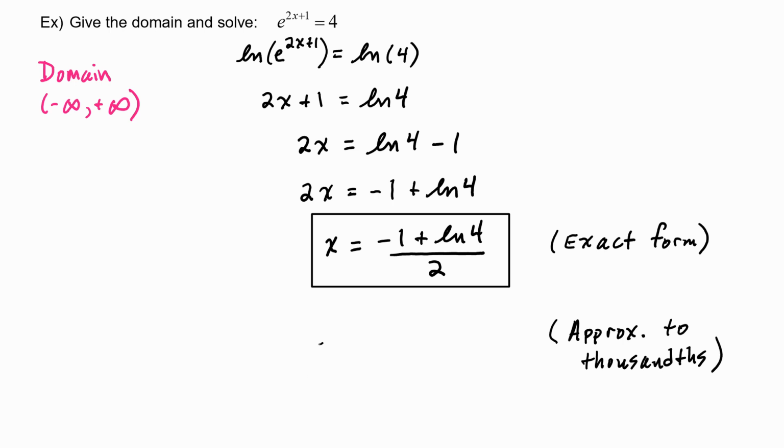We would get that x is approximately equal to, just a quick reminder that you make sure to put this numerator inside a set of parentheses before you divide by 2. And rounding to the thousandths place, which is 3 decimal places, we would get 0.193. And this is the approximate solution.